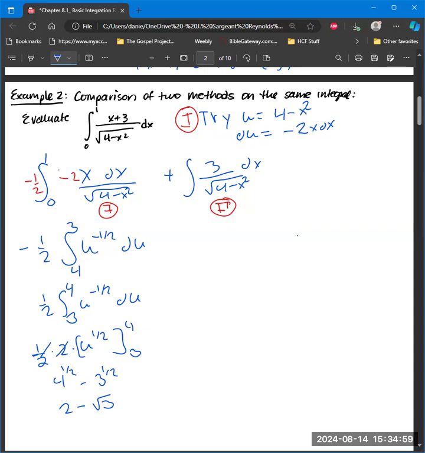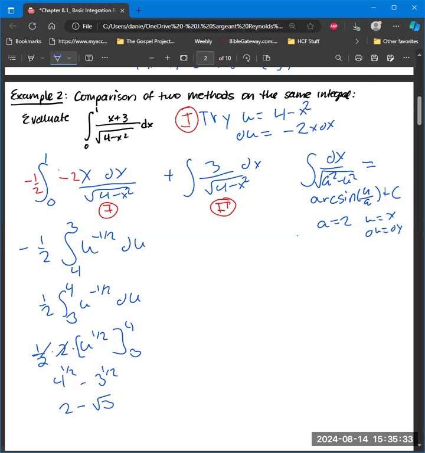Now for part 2, we need to use an arcsine rule where we have the integral of dx over the square root of a squared minus u squared is equal to arcsine of u over a plus c. There's no 1 over a in this rule, so our a is equal to 2, our u is equal to x, and our du is equal to dx.